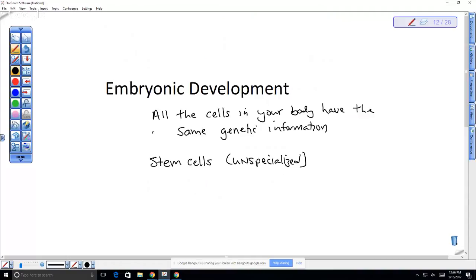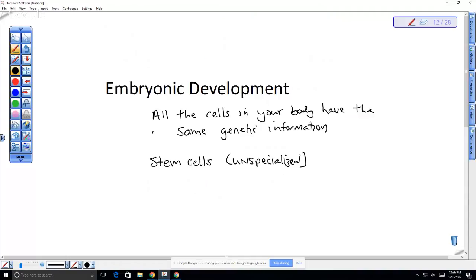They've also found that they can extract stem cells from fat. So people that get liposuction, for example, they're able to take the fat out and find stem cells, and then they can use those stem cells to treat illnesses and disease. So they're very powerful. We'll talk about the different types of stem cells, but they can be embryonic, and they can also be adult stem cells.